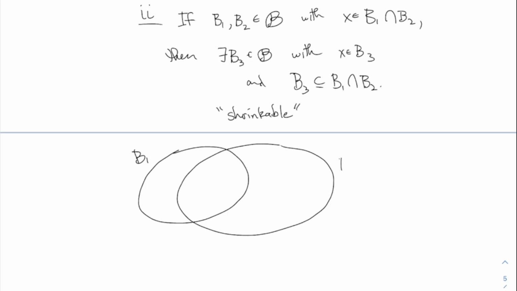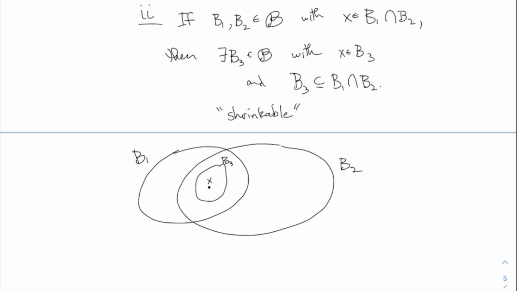Here's B1 and B2, and their intersection includes some point x. Then it says there exists another basis set B3 with x in B3, and B3 is part of the intersection. So it means this: there's always another set in the basis which is inside the intersection. And this is why I call it the shrinkable property. If you have two bigger sets in the basis and they have some overlap, then that overlap includes another set in the basis.